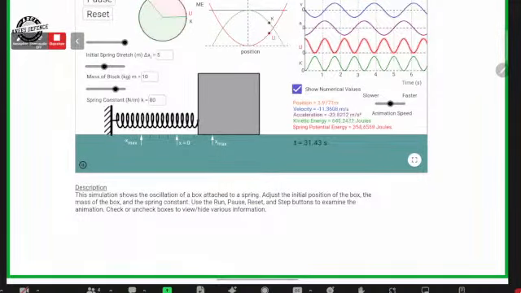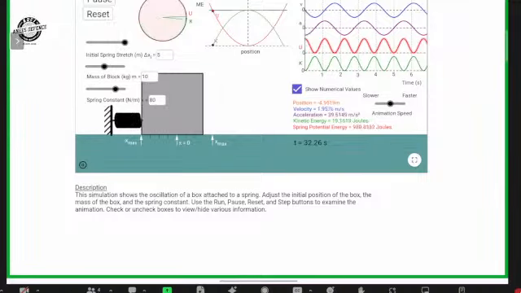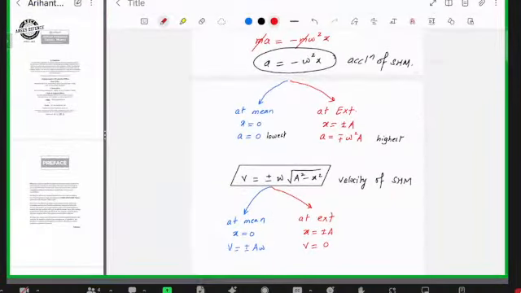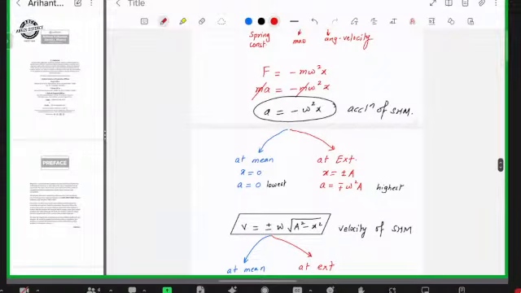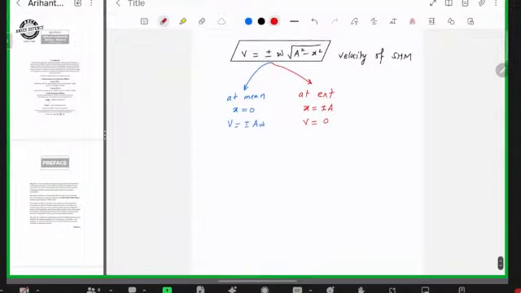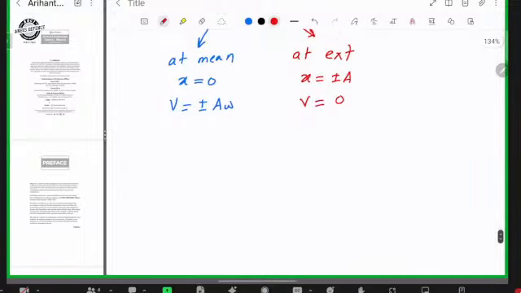Okay, moving to the next concept. So we have seen that acceleration is given by minus omega square x and velocity is given by this entire equation. Now the displacement of SHM about its mean position is x, and the value of x can be written as A sine omega t plus phi.